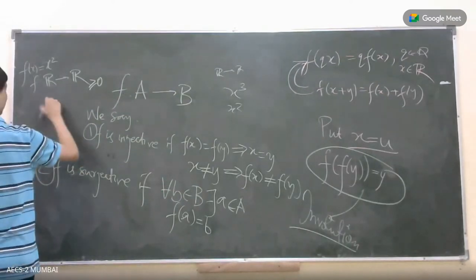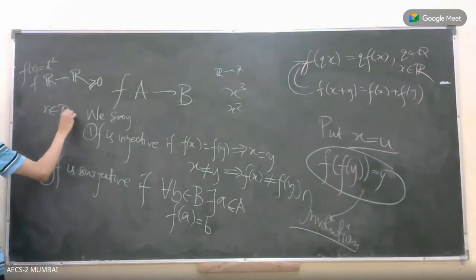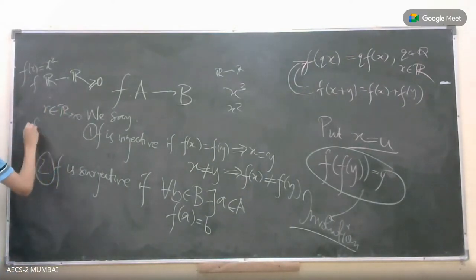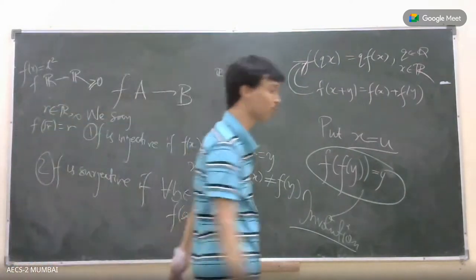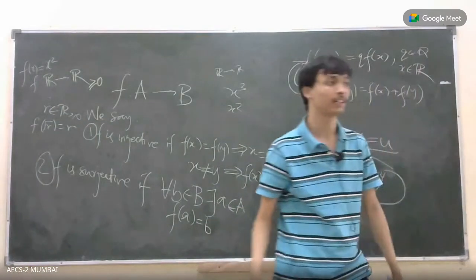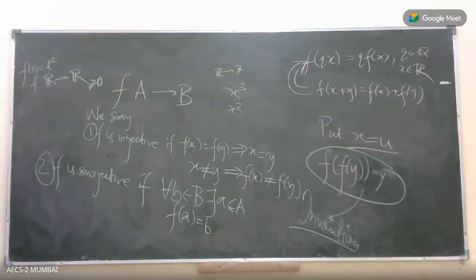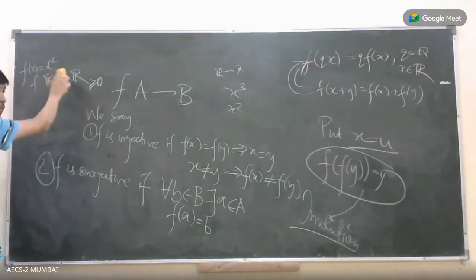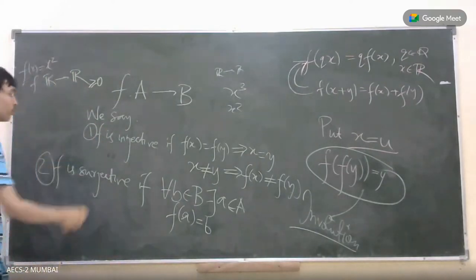Basically, for every r greater than or equal to 0, you have f of root r equal to r. So you see, whether a function is surjective depends on what the codomain is. The same function, when I change the codomain, became surjective.